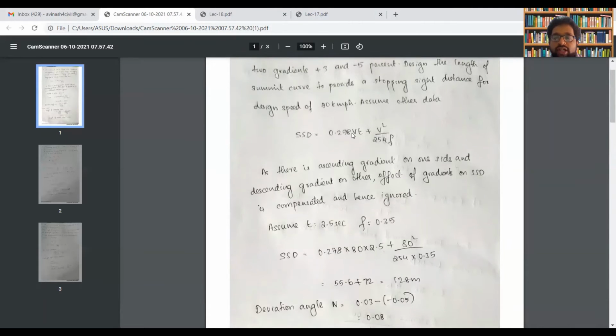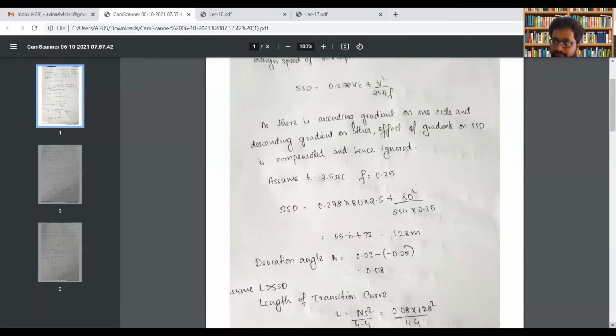Assuming total reaction time as 2.5 seconds and friction value as 0.35, you will obtain the stopping sight distance as 0.278 into design speed 80 into 2.5 plus 80 square divided by 254 into 0.35. You will get an answer of 128 meter as the stopping sight distance.